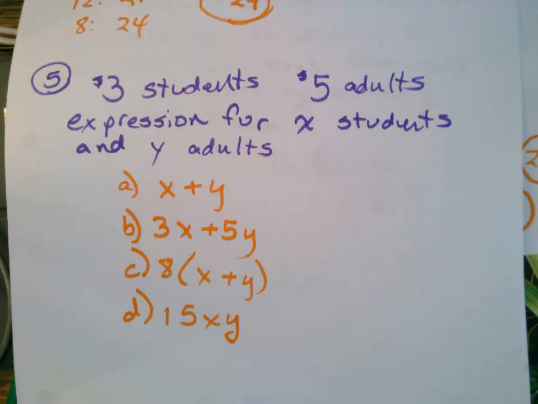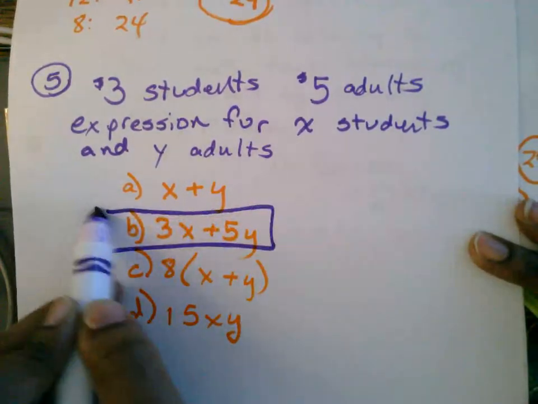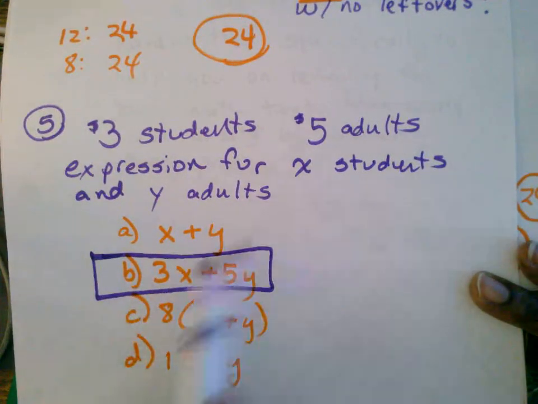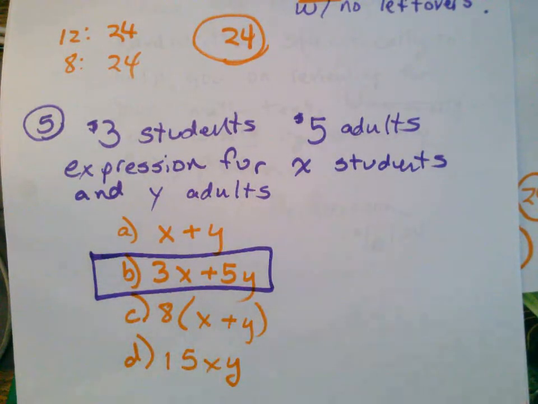A, B, C, or D? B is correct. Three times the number of students and then 5 times the number of adults.